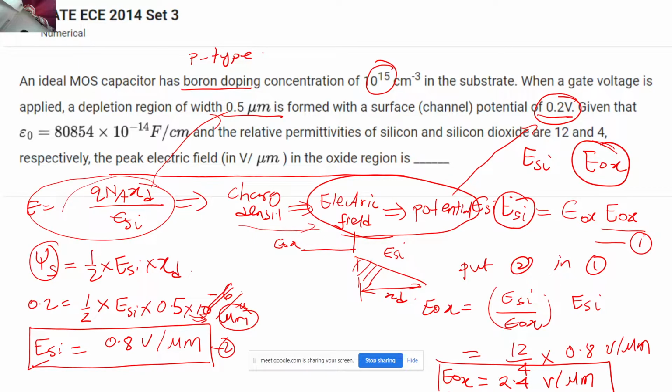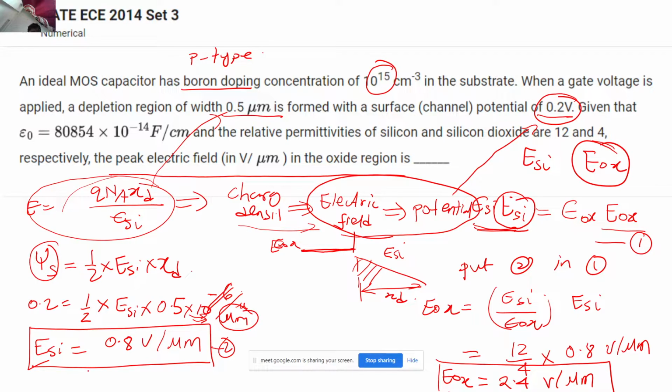Now I just want to ensure whether my answer is correct or not, right? So I just want to compare ESI with EOX, correct? In this diagram you can clearly see, because the oxide's relative permittivity is lower compared to that of the silicon, the electric field in the oxide should be higher compared to the electric field in the Si, because the product of epsilon and the electric field for Si as well as the oxide remains constant, right?